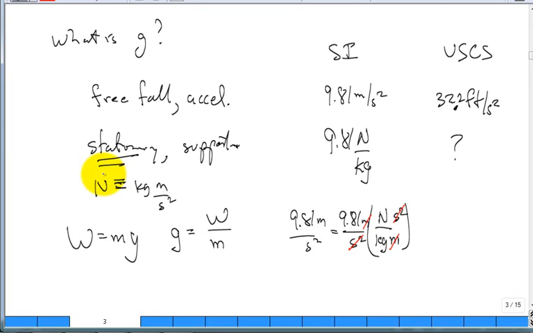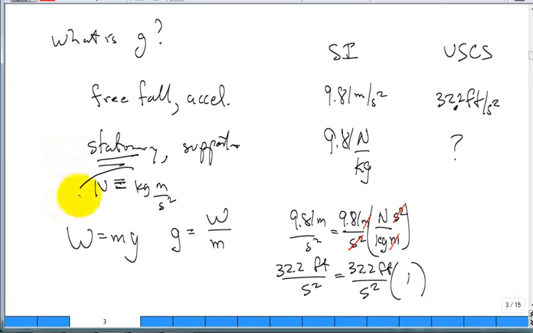So let's do this. Can we start out with 32.2 foot per second squared equal to 32.2 foot per second squared, and then multiply by 1? Will that work? Is that strategy the same as what we just did? Yeah. What's the 1? Oh boy. Well, what's the cousin of this equation in the United States?